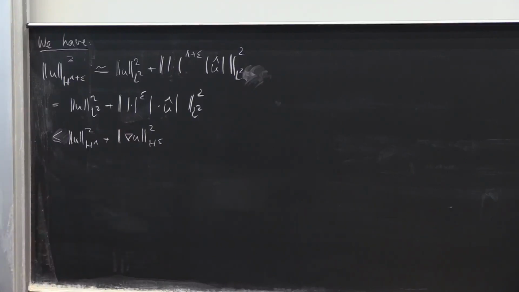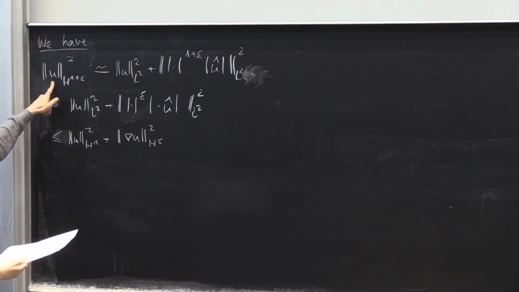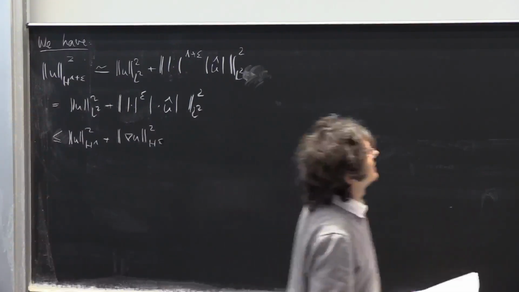You have to add the L2 norm of U. Okay, and this already gives the first part of the equivalence of norms. Yeah? So this norm is less or equal that norm. That's the first part of the equivalence.